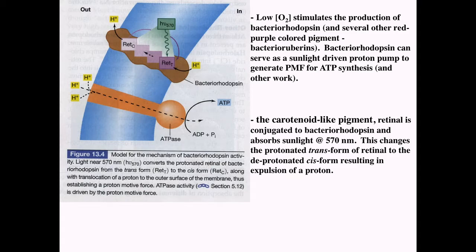So this is what gives the pigment color. What retinal does is it has the ability to absorb a photon of light. And in the process of absorbing that light at about 570 nanometers, its optimal wavelength, one of those double bonds in that fatty acid will isomerize from trans to cis. When it does that, it changes its ability to bind to a proton.